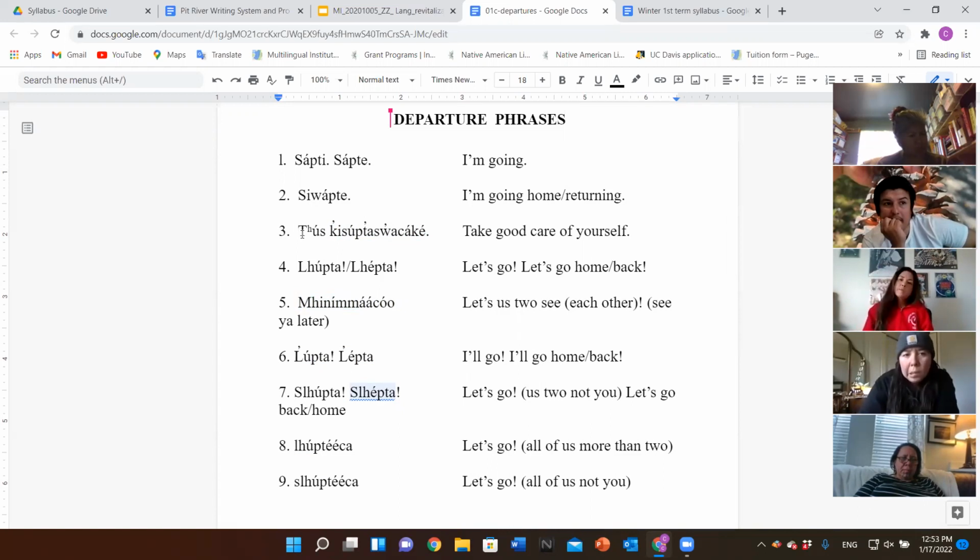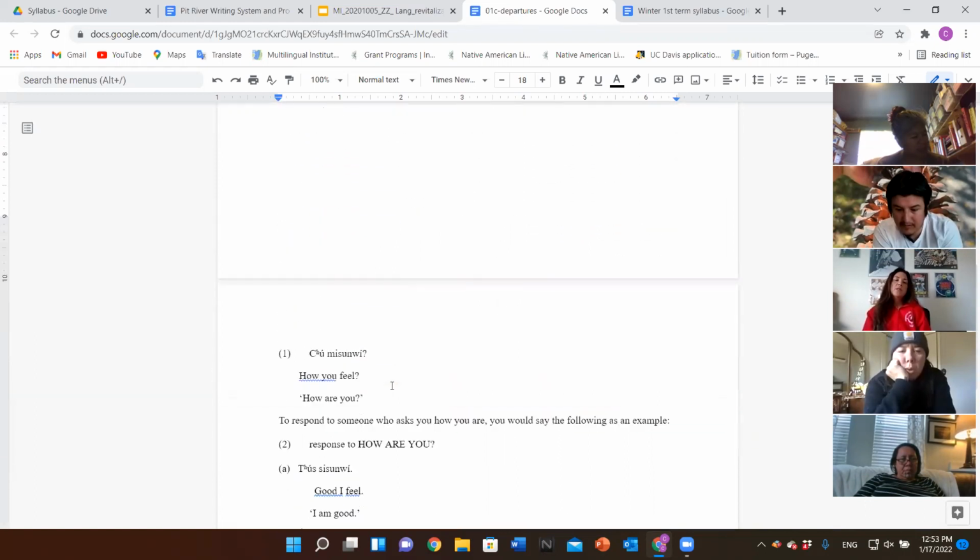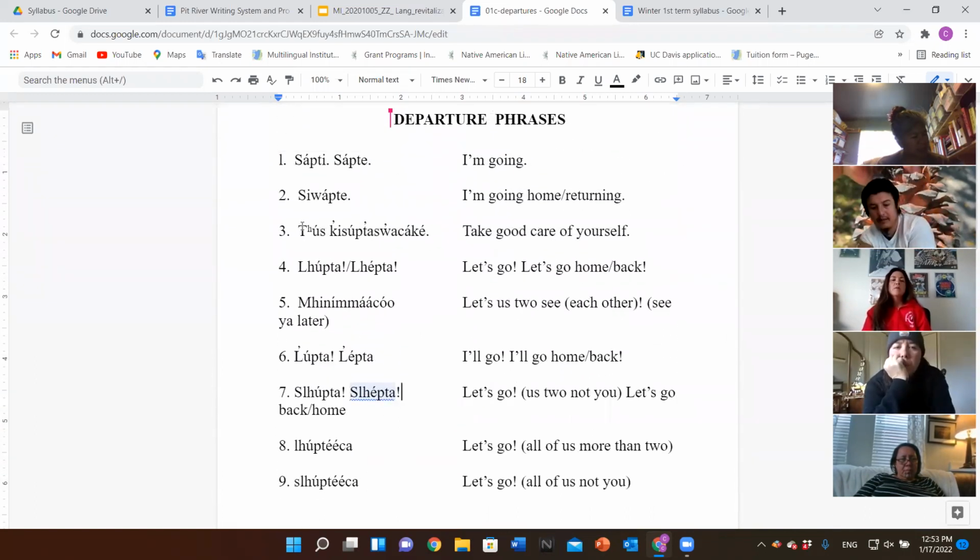Like, if I was leaving and I just told you sapti, I'm going, and then you could say mihinimacho, like see you later, and then I could say tus kesuptas wachige, like take good care of yourself, or something like that. I don't know if you could say kesuptas wachige tus. You maybe could, I don't know. It would probably just sound funny.